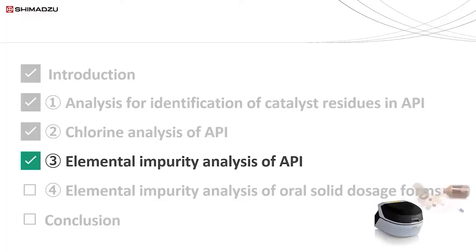Okay, so now we're going to be talking a little bit about the intricacies between XRF and the pharmacopoeia chapters. So these last two methods revolve around elemental impurity of APIs and solid dosage forms, with the backdrop of the pharmacopoeia chapters in the back of our head.